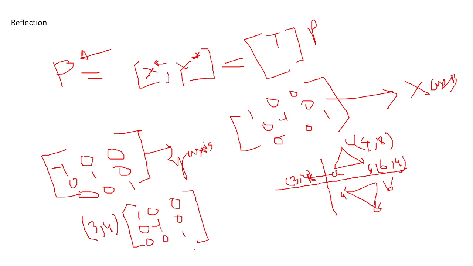As in the question it's given that with respect to x axis, so we need to write it like that. B point is also 6 comma 4 into 1 0 0, 0 minus 1 0 and 0 0 1, like that. If you solve, then you will get the new position 3 comma minus 4, right?